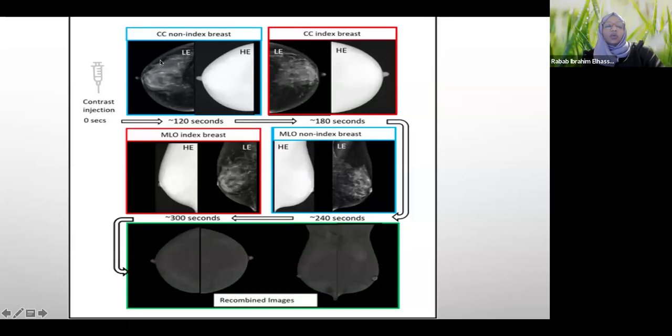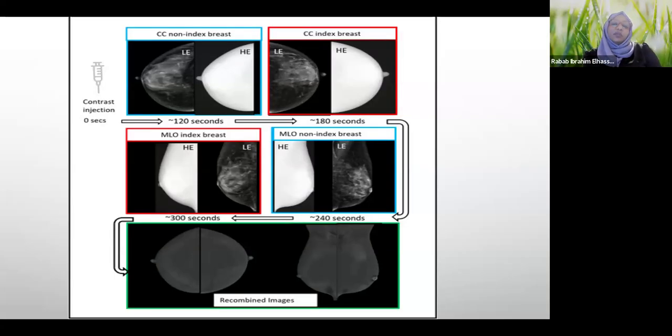So this is the process of imaging, basically. Which side we image first depends on local protocols, but most units image the normal breast first, because normally you have an idea which breast is abnormal.